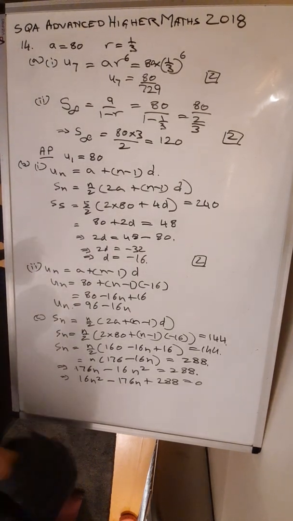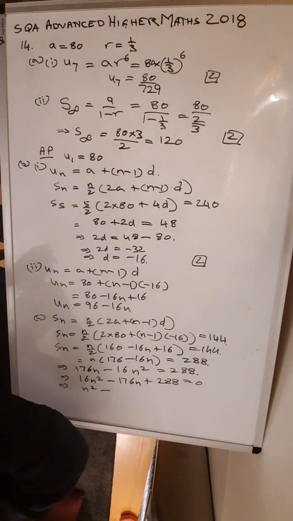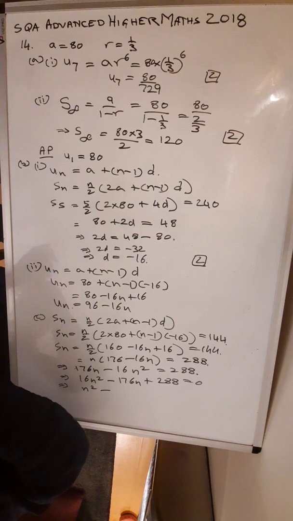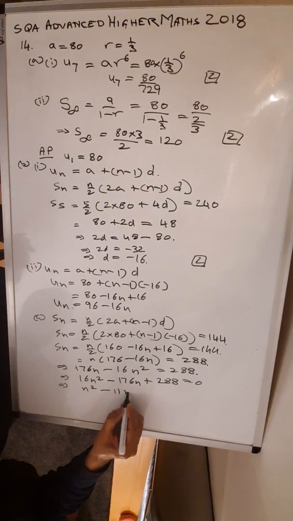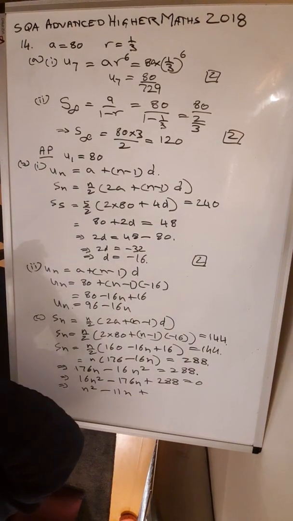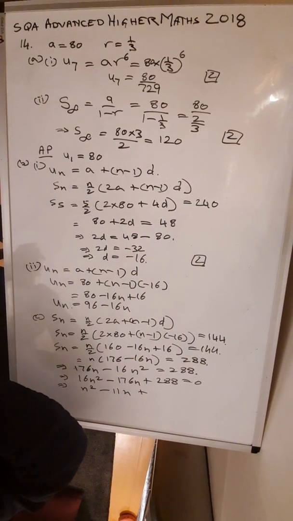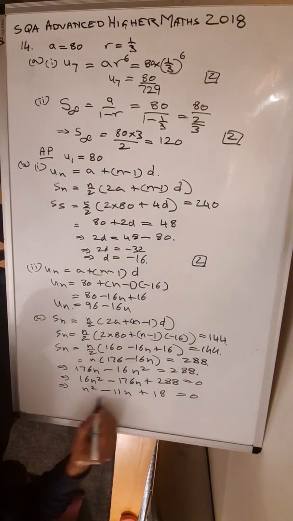That implies that n squared minus 11n plus 18 is equal to 0.